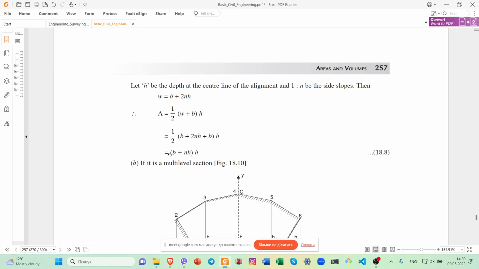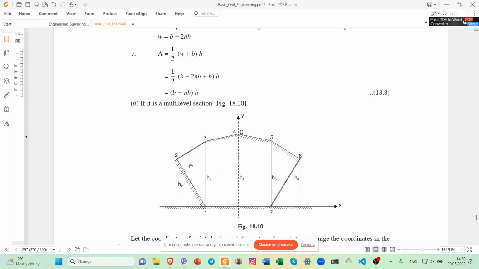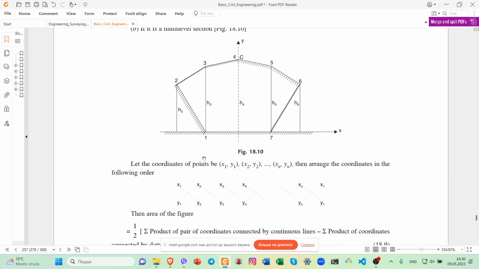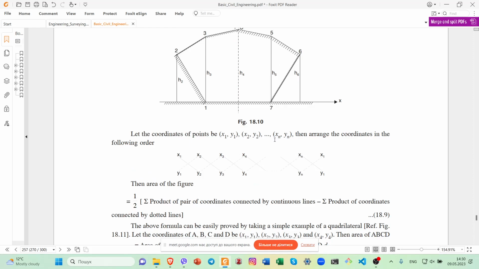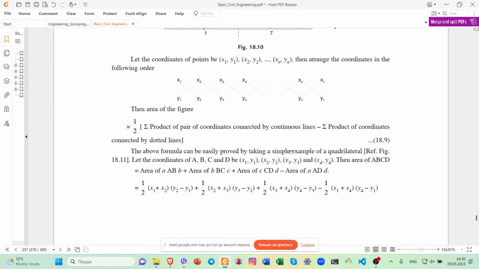So if it is a multi-level section, for example, we are speaking about highway, then we use coordinates of points. We arrange the coordinates in the following order, and then area of the feature.